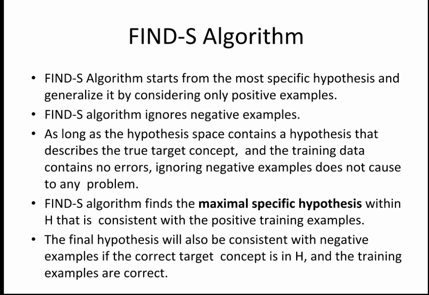Just for example, if we say that 3 is greater than 2, 4 is also greater than 2, right? So 4 is like your most general hypothesis and 3 is like your maximal hypothesis. Similarly, the case goes for your most specific and maximal specific, for your general and minimal general hypothesis.